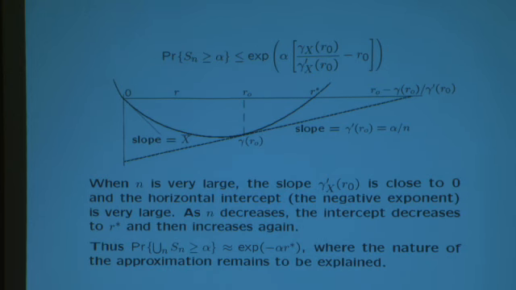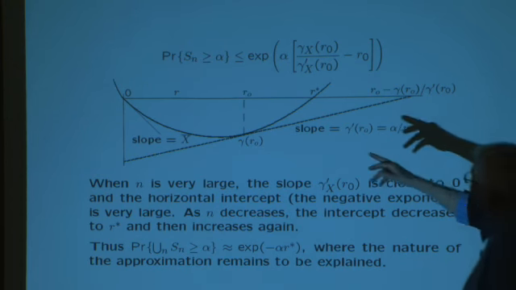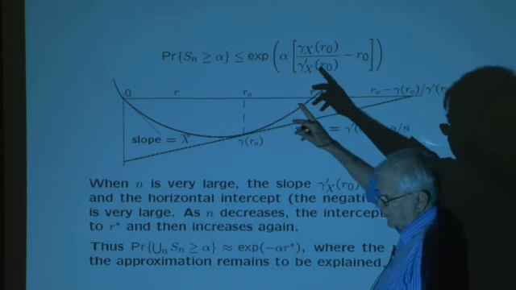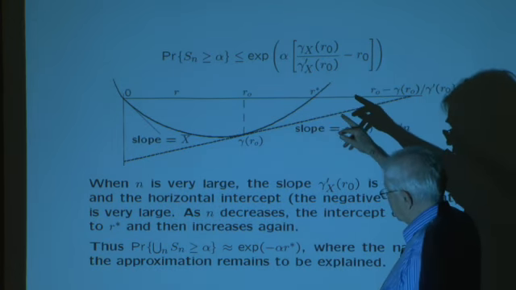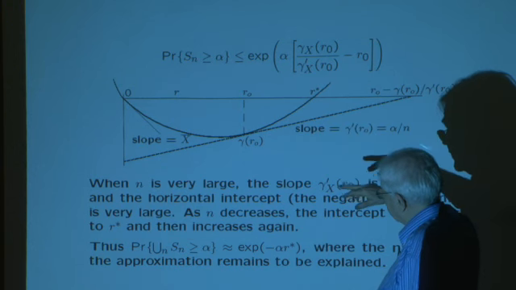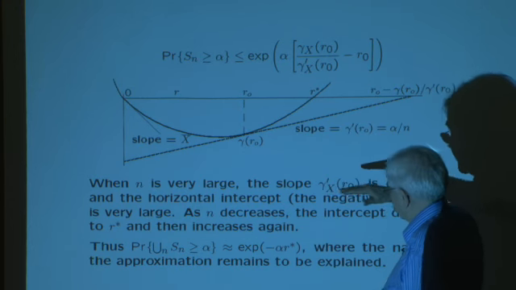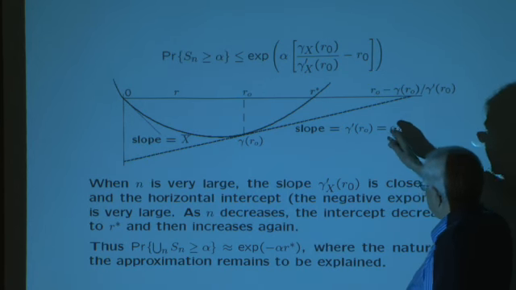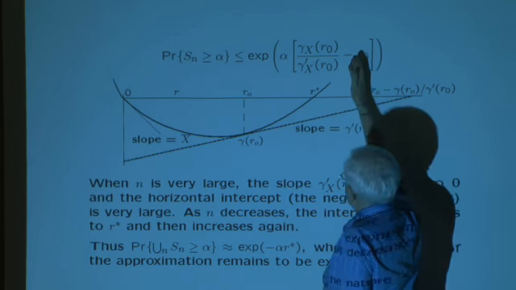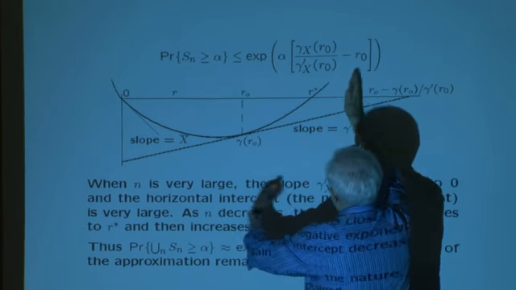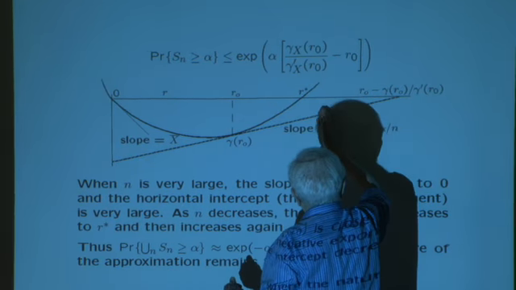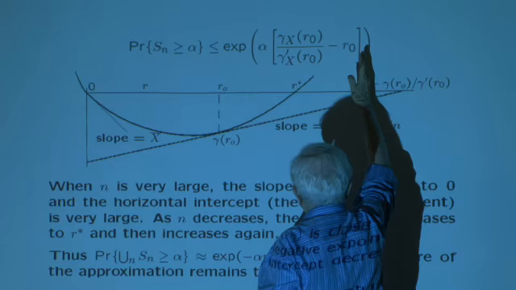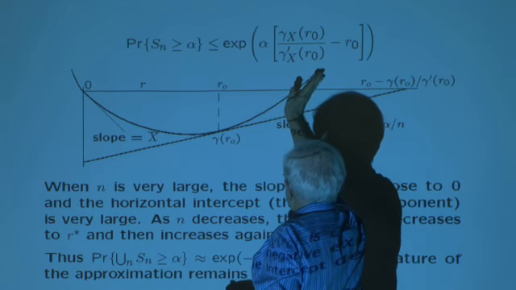Well, when I do this optimization, if what I'm looking at is the probability that S sub n is greater than or equal to some alpha rather than n times a, and I'm looking at what happens at different values of n, it turns out that when n is very big, you get something which is tangent there. As n gets smaller, you get these tangents that come down.